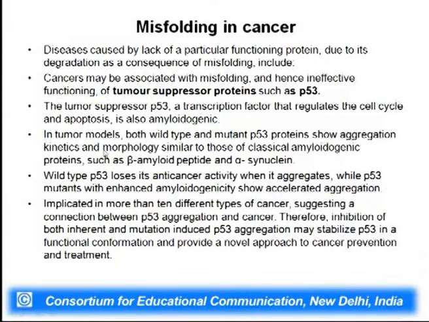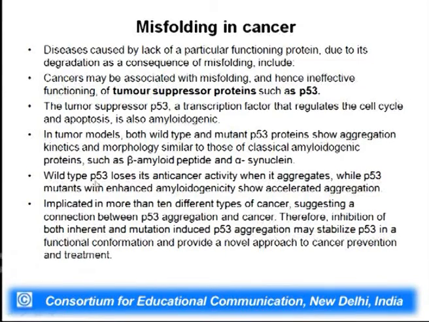So, here also you will encounter two types of toxicity. One toxicity is that because of the mutation the protein has lost its function. So, it was no longer able to inhibit the tumor, it was no longer able to suppress the tumor, and because it has lost this function and gained a function of being amyloidogenic, it will form long fibrils.